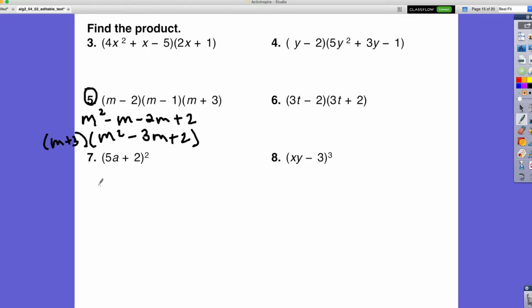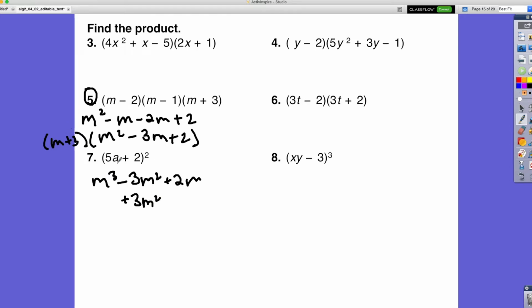So m times m squared, m cubed. M times negative 3m, negative 3m squared. M times 2 plus 2m. Now let's do the 3. 3 times m squared is positive 3m squared.